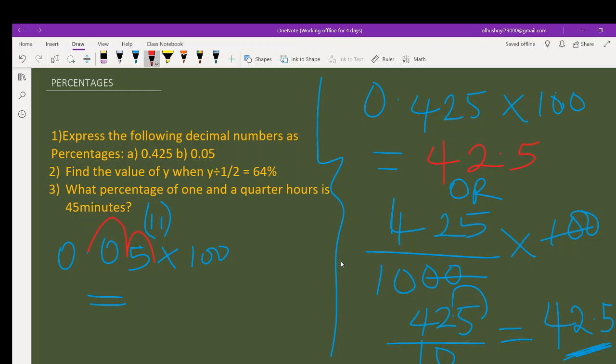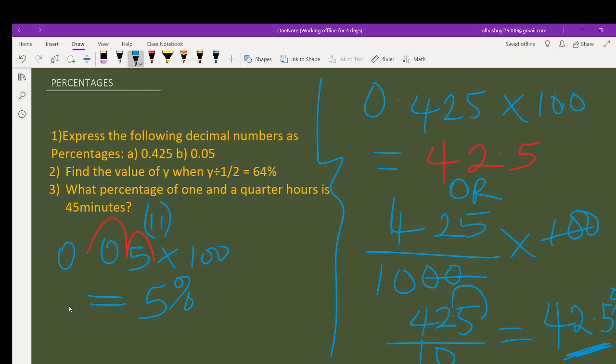Don't forget, please put this in your solution. This becomes 5%. This should carry percentage. Yes. If you are representing any number in percentage, it must carry the percentage sign when you are done.